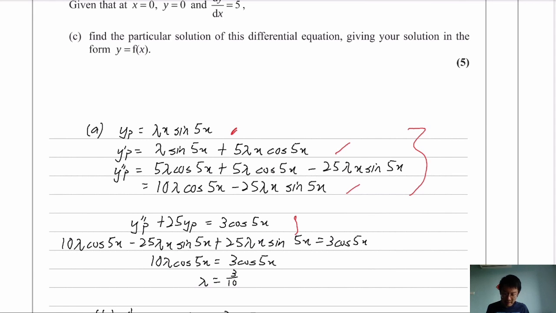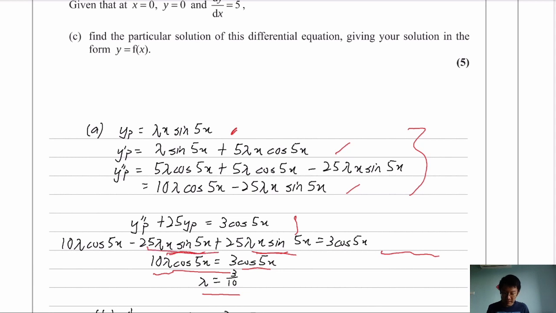So this is what we have, and from there we end up with this equation, in which lambda is 3/10 or 0.3. Because on our right hand side we only have cos 5x, on the left hand side there shouldn't be any x cos 5x, or if there is, the coefficient will be 0, and there is no x sine 5x on the right because you see there's nothing here.